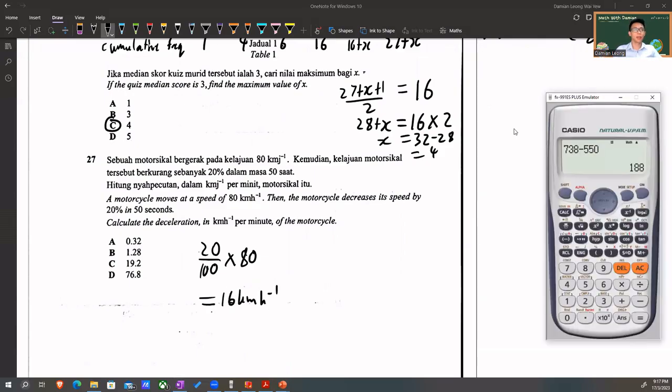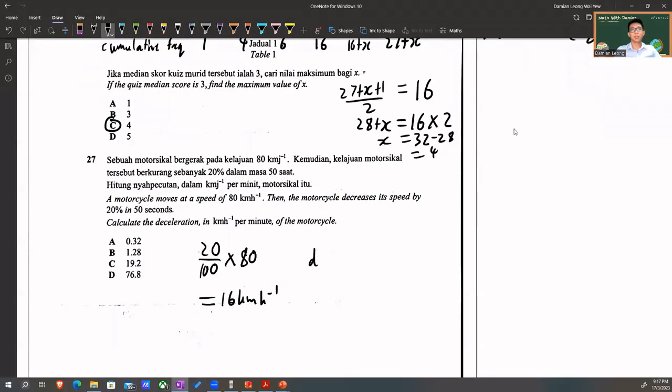Means it decreased by 16 km per hour. So if it decreased by 16 km per hour in 50 seconds, means the deceleration is change in speed 16 over change in time.